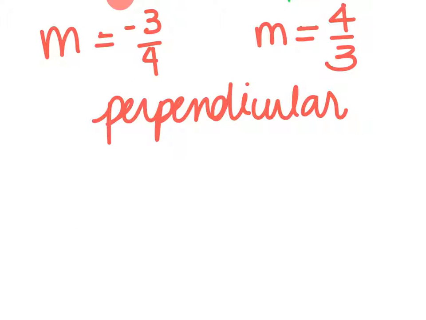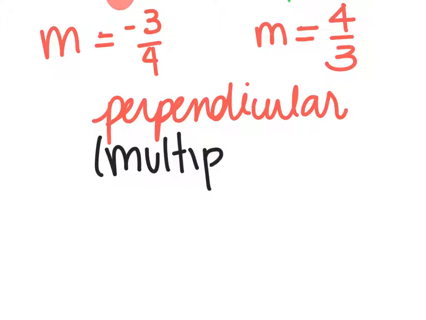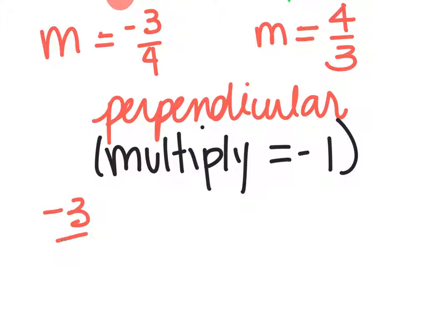We can also verify that graphically or numerically, because if they're perpendicular, that also means that when you multiply the two slopes together, you're going to equal -1. So I had slopes of -3 over 4 and +4 over 3.